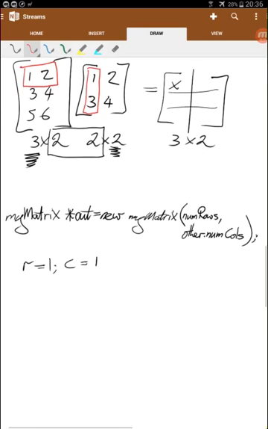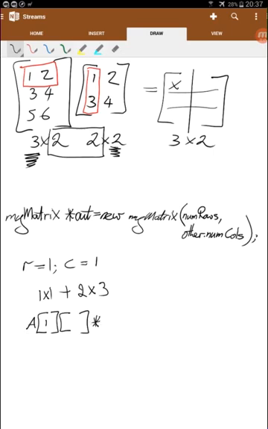Following that, we say that the output value should simply be, in this case, 1 times 1 plus 2 times 3. And we see that we calculated that by saying it's A at row 1, column something, multiplied by B at row something, column 1.